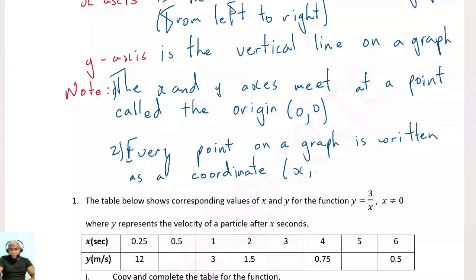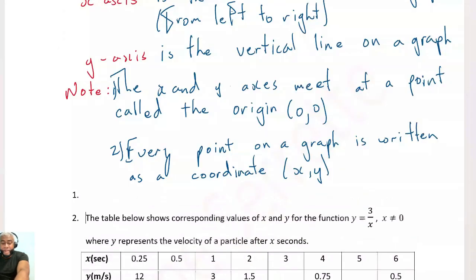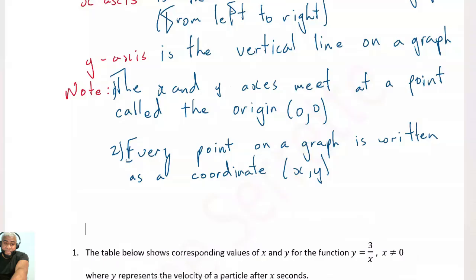X-axis value is always first followed by your y-axis value, right? X-axis, comma, y-axis. So together, the x and y axis is actually called the Cartesian plane, right? So let's write that.